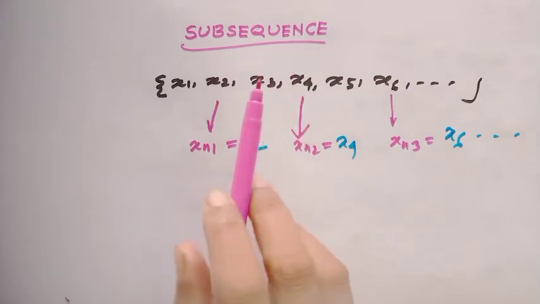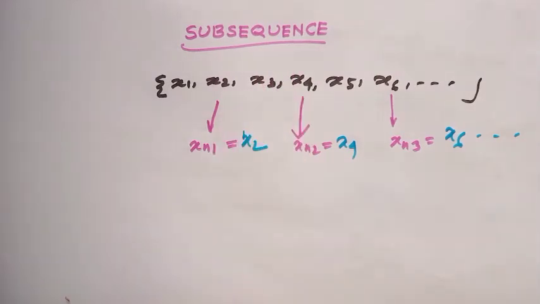In this new sequence, the first term is x_{n1}, which is x2, the second term is x4, and the third term is x6, and so on.